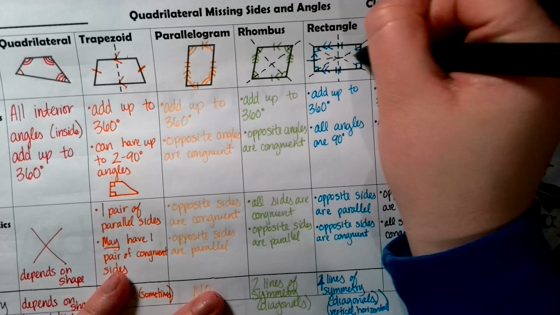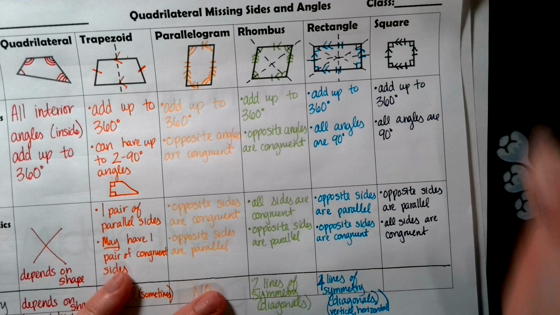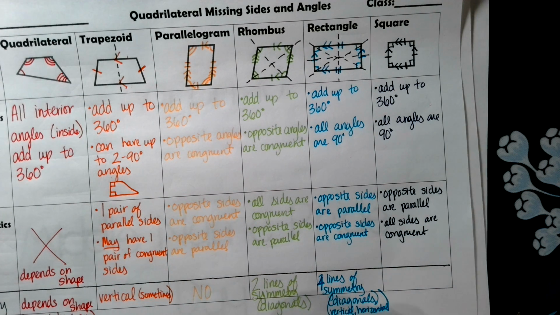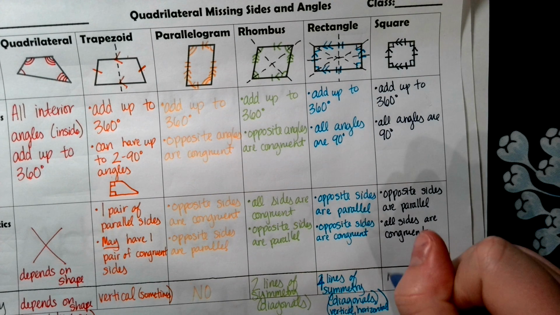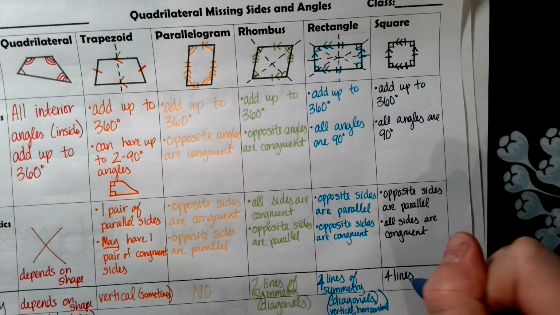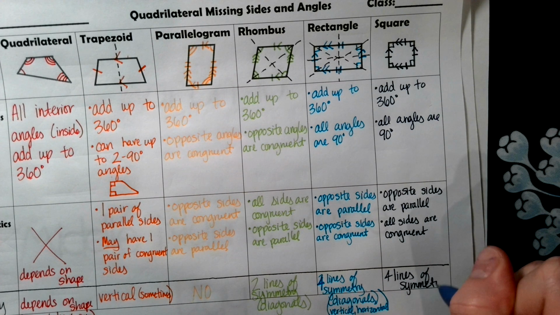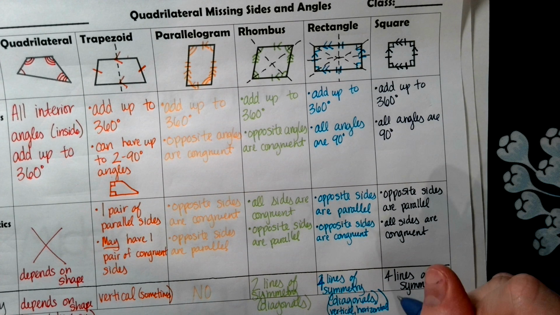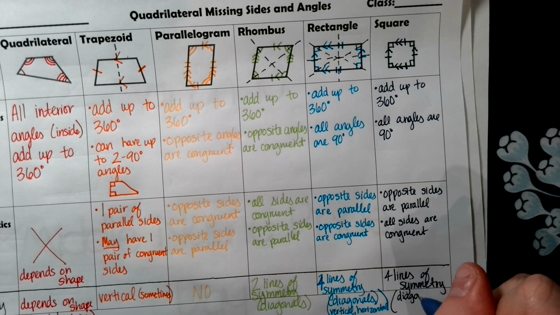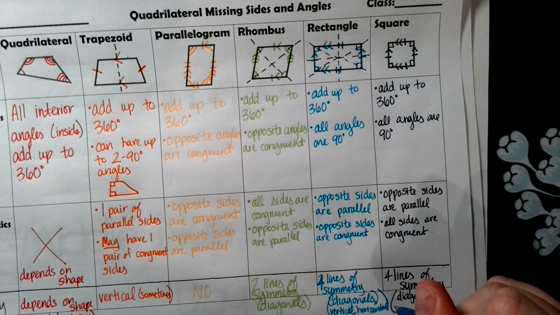So a rectangle has 4 lines of symmetry. So does a square. 4 lines of symmetry. Again, we have the diagonals, vertical, and horizontal.